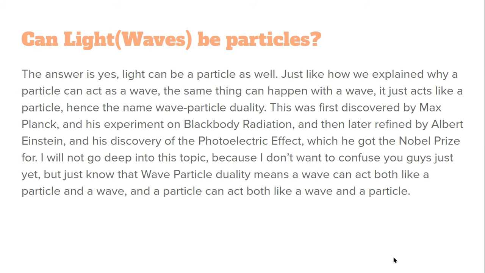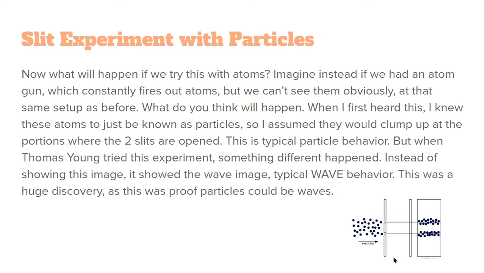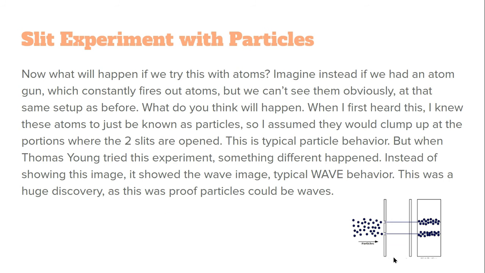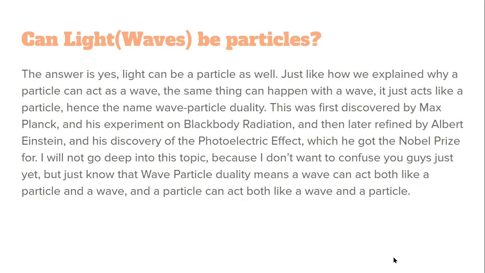So this is the quantum part. This is proof that particles can act as waves, as you can see from this experiment. And waves can also be particles. Proof of this is the black body radiation experiment.